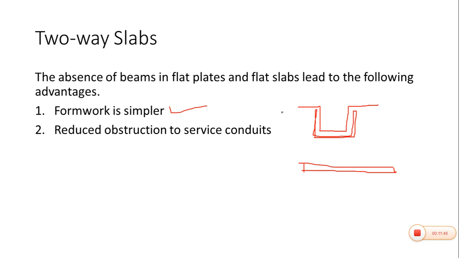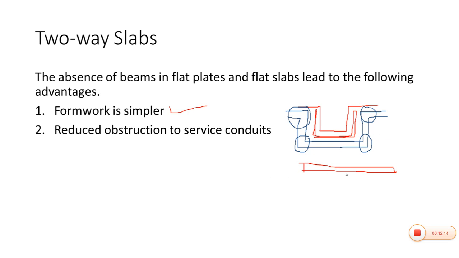Suppose we need to provide a water supply line. If we have beams, then we need to provide a number of joints. In this case, at this corner we need to provide a joint, in this corner 1, 2, 3 and 4, more joints we need to consider, which means extra effort.